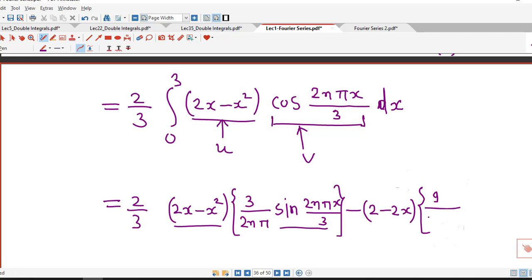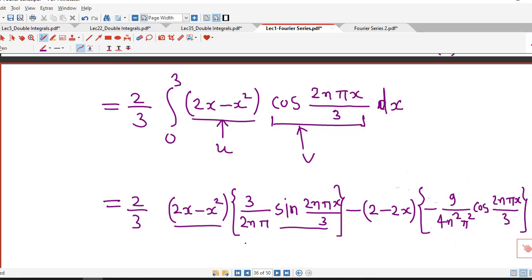So we have 3 divided by 2n pi whole square, that is 9 divided by 4n square pi square, times cos 2n pi x divided by 3, with the negative sign, so we have to write the negative sign.